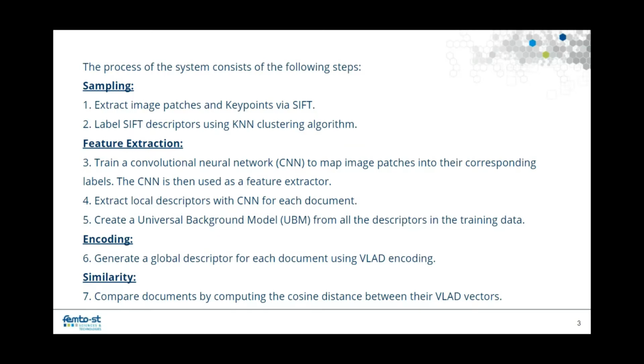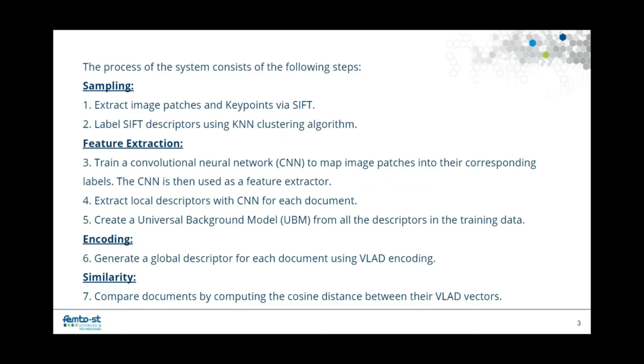Also, we label the SIFT descriptor using the KNN clustering algorithm. Then, in the feature extraction, we train a CNN model to map the image patches into their corresponding labels.